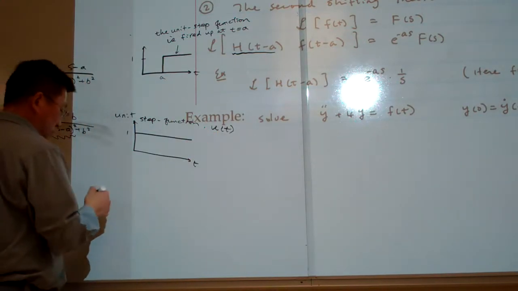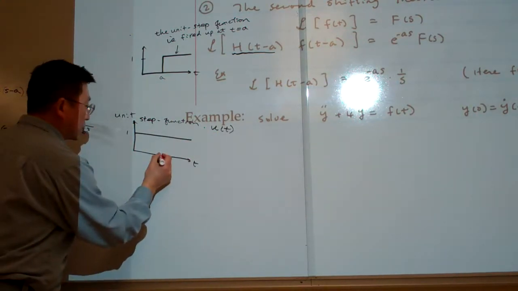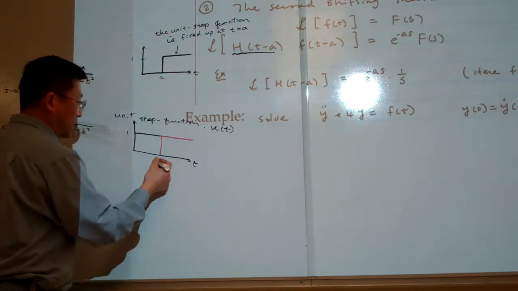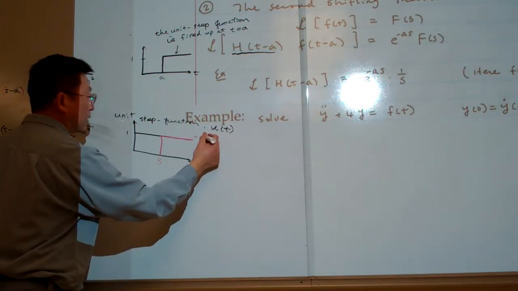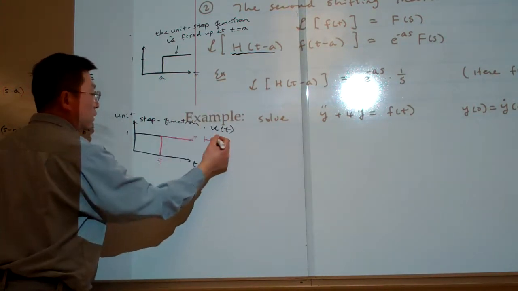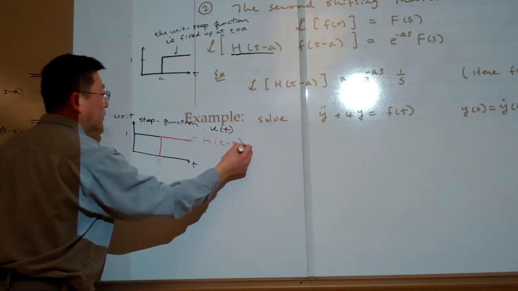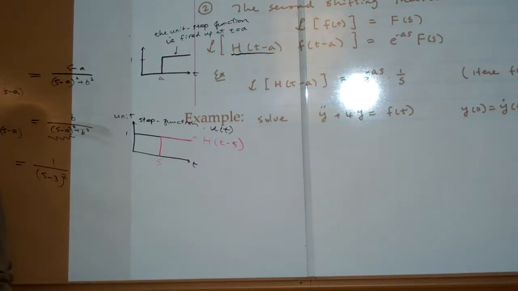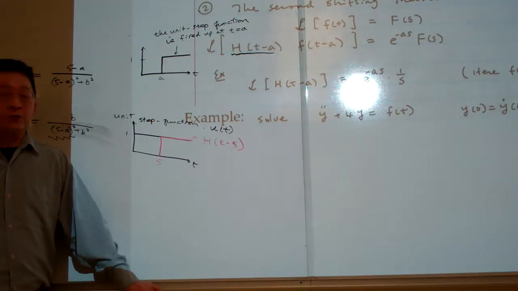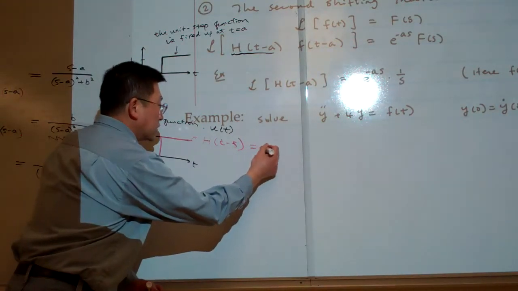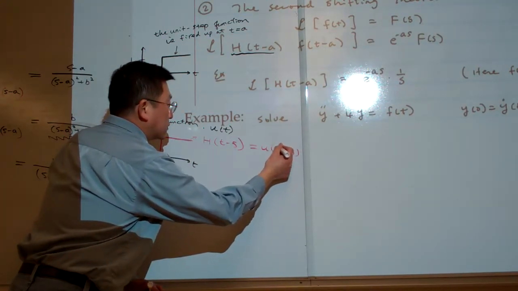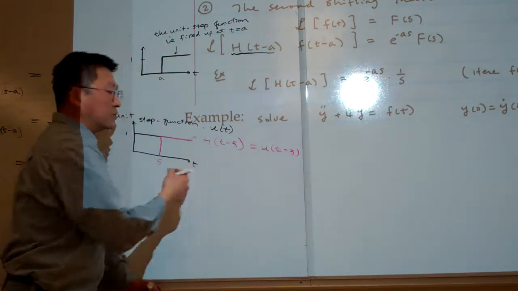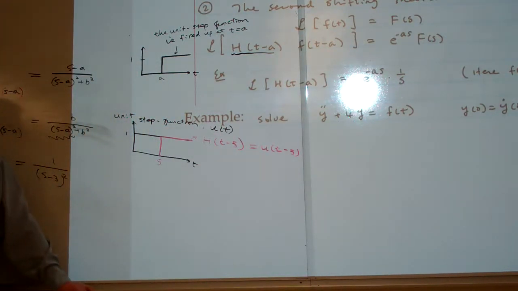If this unit step function starts at t equal to 5 seconds, then this function can be described by either our notation h(t minus 5), or in certain textbooks and most papers, u(t minus 5). I think using the symbol u is more common than h, but either way, that's the generic term here.